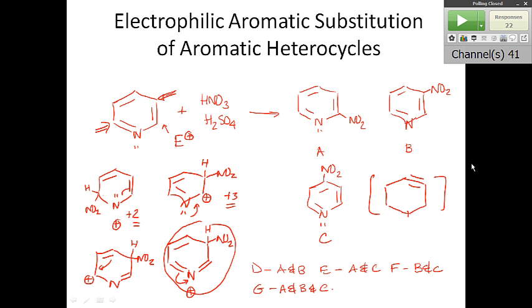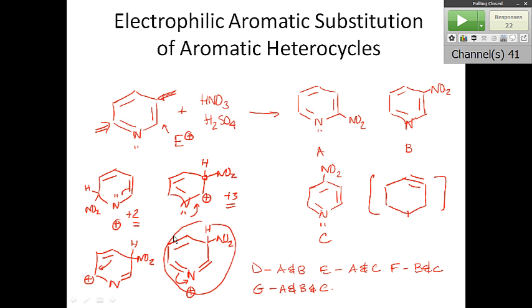Hell no. They're not even close. So, if this is legit, and it is, and it's a mechanism that could show up on Friday, then this has to be legit. And so, where it actually adds is to this position, because we can end up with an additional resonance structure. All right, not the most stable resonance structure of all, but still an additional resonance structure.